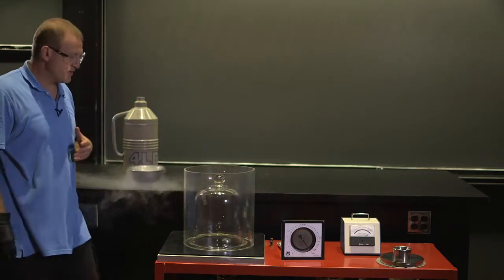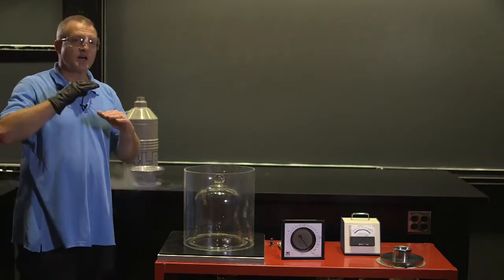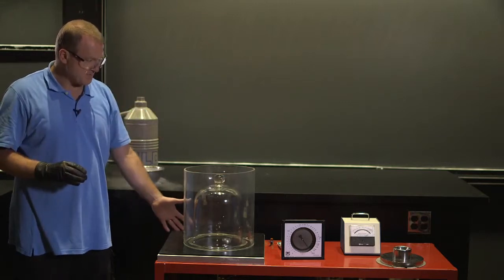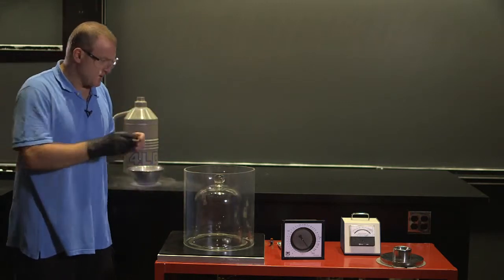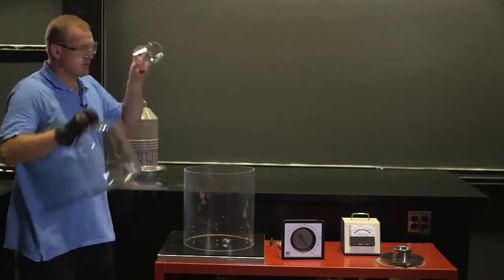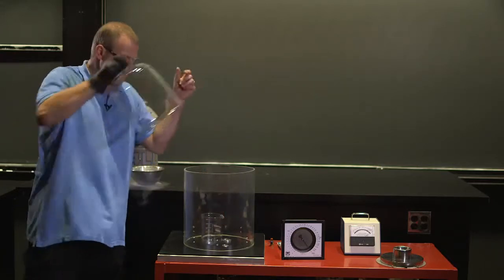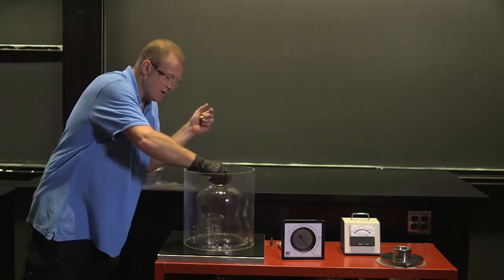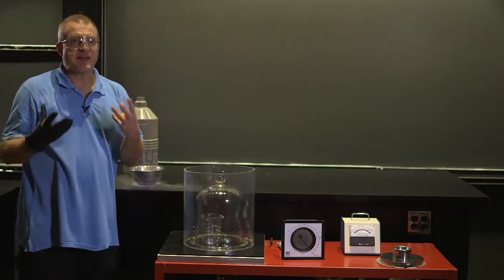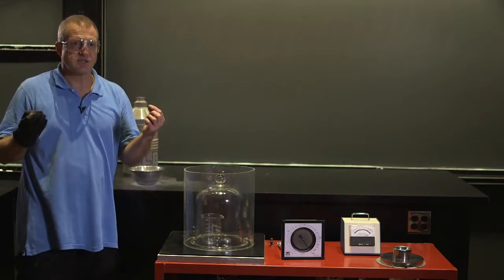In order to change the pressure above our liquid nitrogen, I'm going to use this vacuum system, and specifically I'm going to put a beaker full of liquid nitrogen under the bell jar, and then I'm going to pump on it. As the liquid nitrogen evaporates, it takes with it the heat.